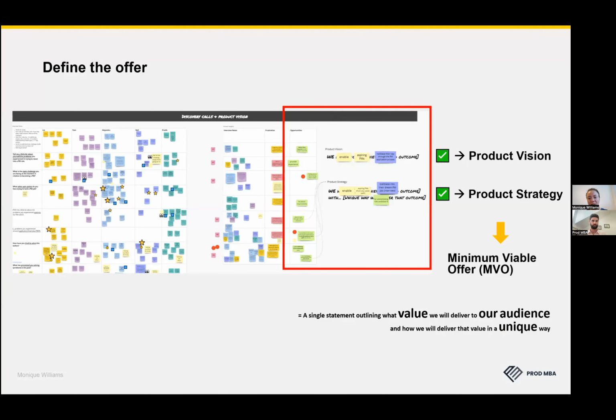Again, we can come back to our insights from our discovery calls to now determine our product vision as well as our product strategy from these insights and package these into one powerful sentence, our minimum viable offer, right, or MVO, which basically is a single statement outlining what value we will deliver to our specific target audience and how we will deliver that value in a unique way.